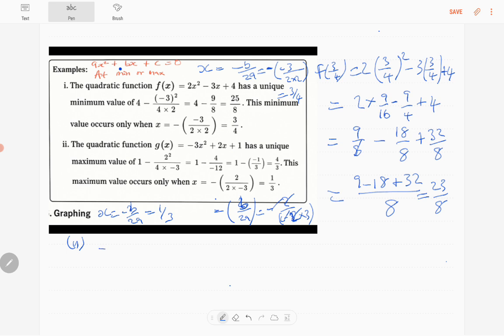Now you say 1 minus 3 bracket 1 over 3 squared, plus 2 bracket 1 over 3, plus 1. This will be minus 3 times 1 over 9, plus 2 over 3, plus 1.